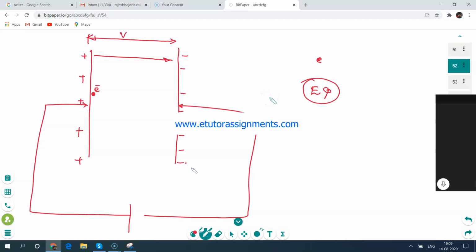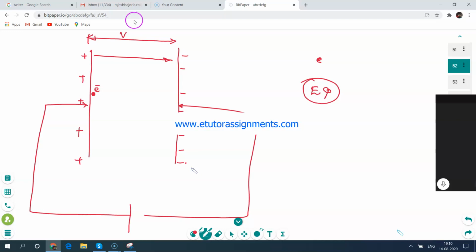Like something above the earth gets gravitational potential energy, once you leave it, it falls down and gets kinetic energy. Similarly, the charge has electric potential energy. If you leave the charge freely in the electric field, it should start moving.